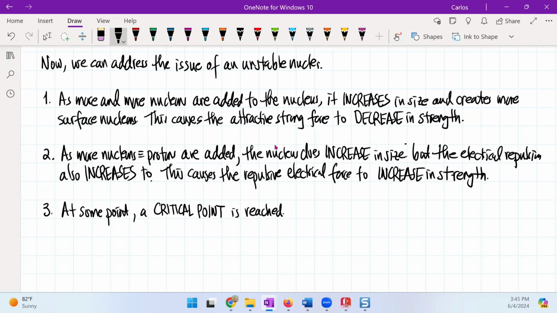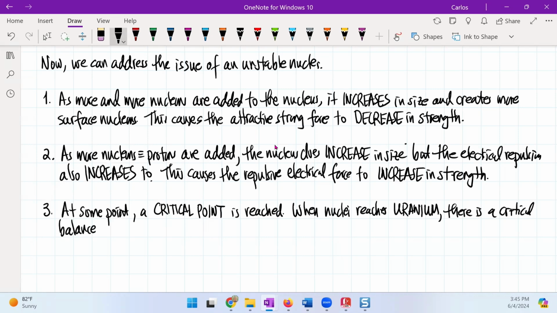When nuclei reach uranium, there is a critical balance between both forces.